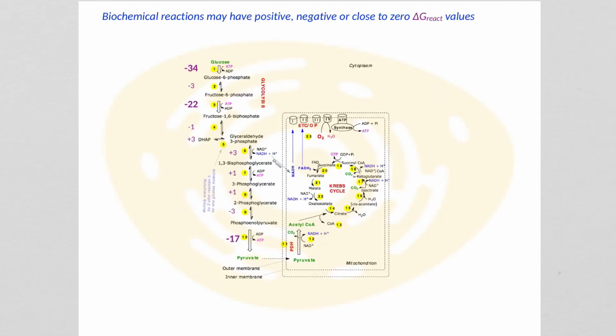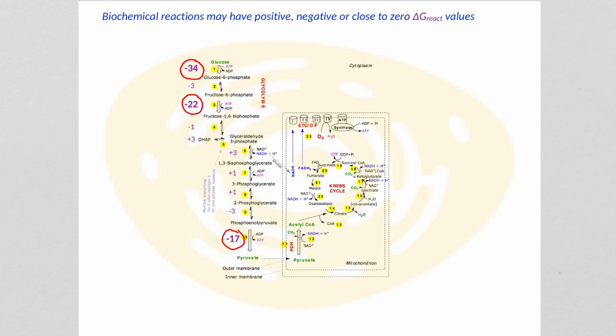In our body, we will come across some reactions where the delta G reaction is a high negative number. So here's one example, very high negative, minus 22, minus 34. Here's another very high negative, minus 17.